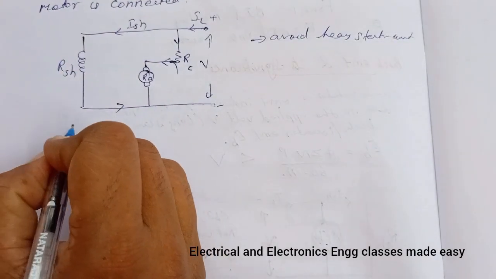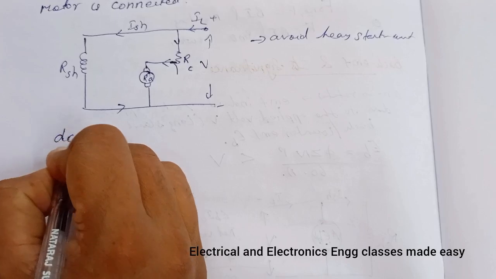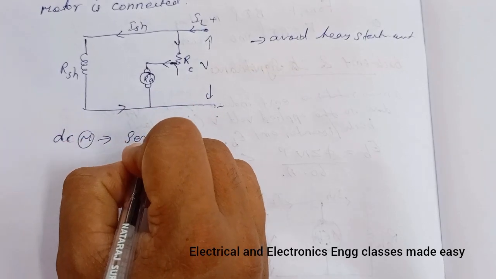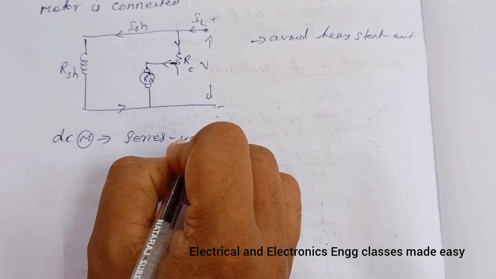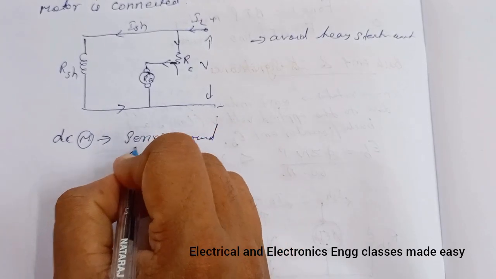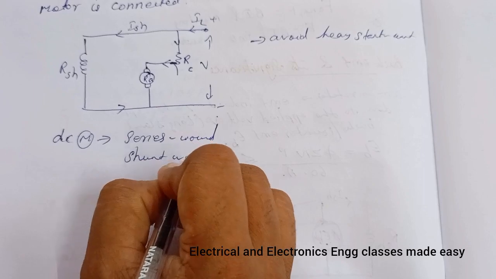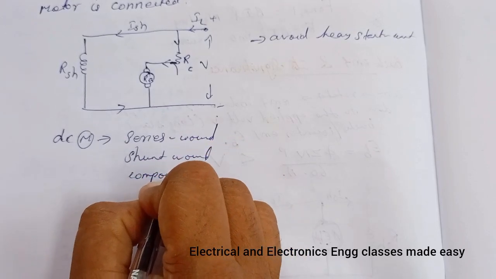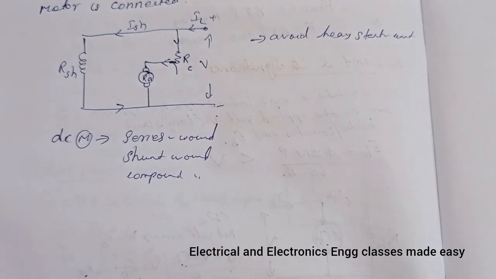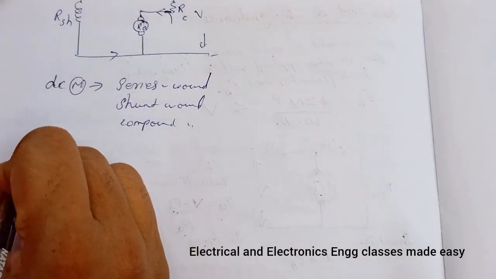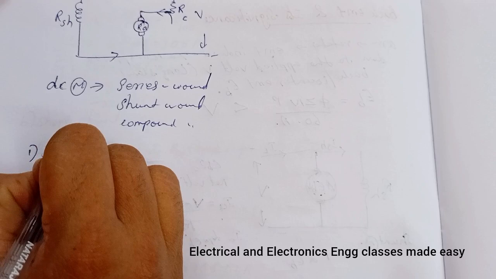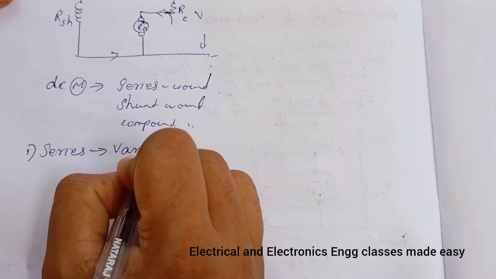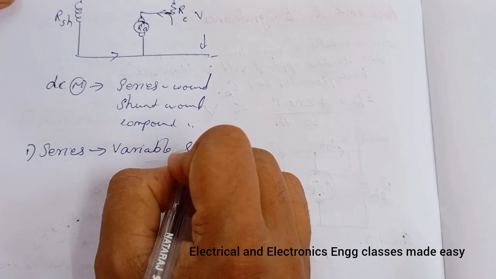Then like generators, DC motors are of three types: series wound motor, then shunt wound motor, and compound wound motors. The series motor is a variable speed motor.